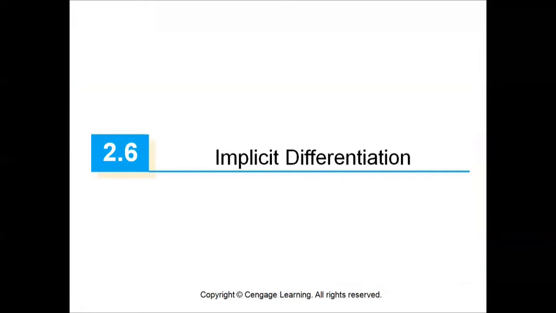Now, first thing, what do we mean by implicit? There are two words, implicit and explicit. I'm just writing something over here, and from there you can easily figure out the difference between implicit and explicit. Like if it is y equals 2x squared plus 3x plus 5, just as an example.